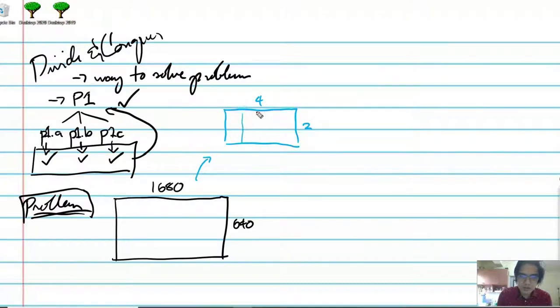If I try to divide it into equal parts, we can just divide it into 1 by 1 components. That way you have 8 1 by 1 boxes.